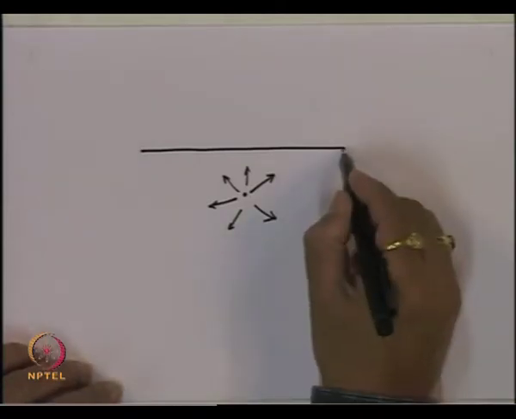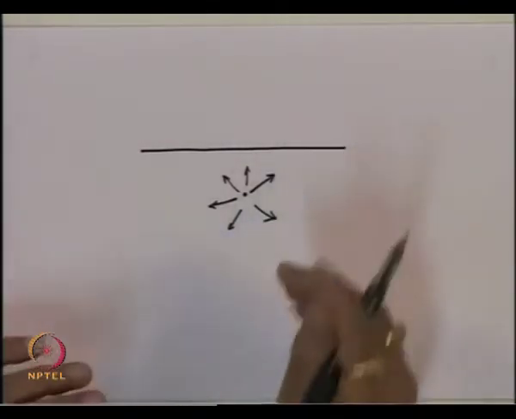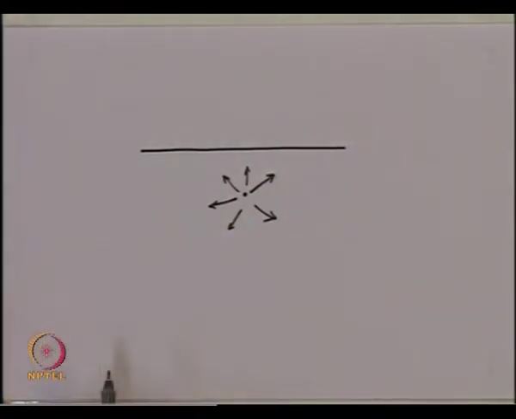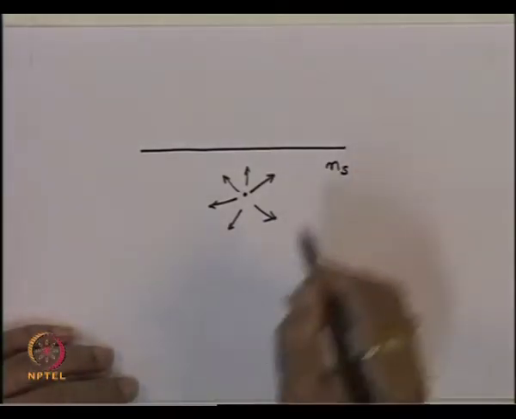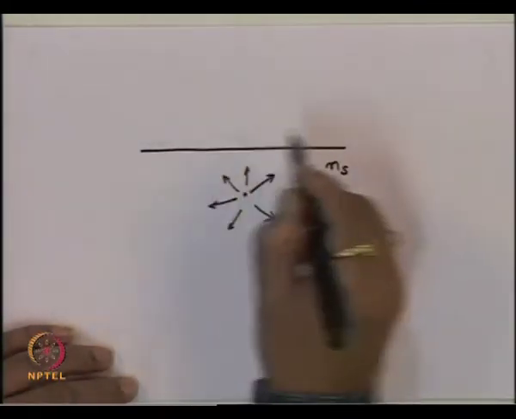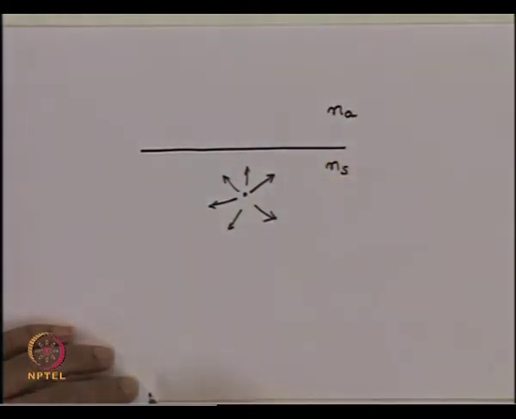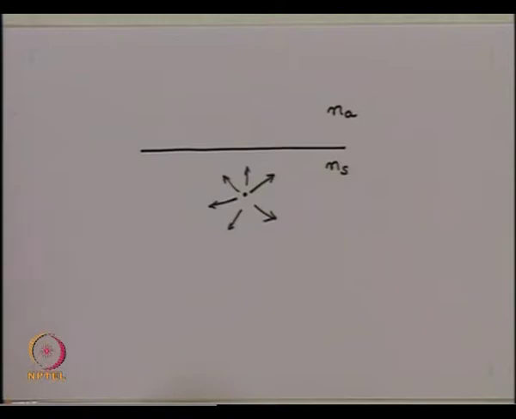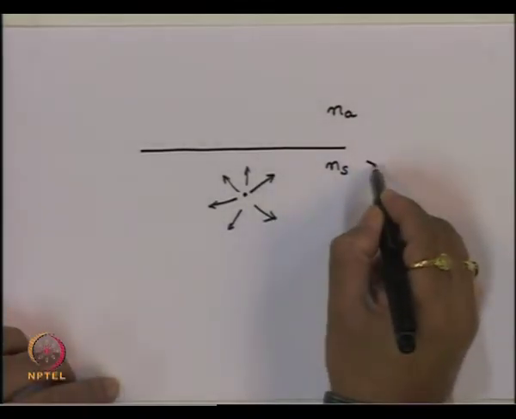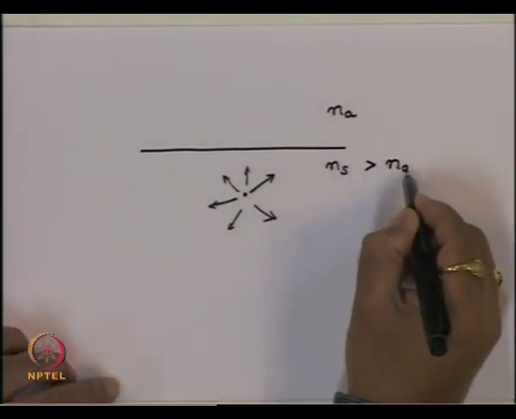Now, note here that the semiconducting material typically has a refractive index which is quite high. So, let us say the refractive index for this was Ns, and the refractive index here is, let us say, Na, and typically Ns is greater than Na.